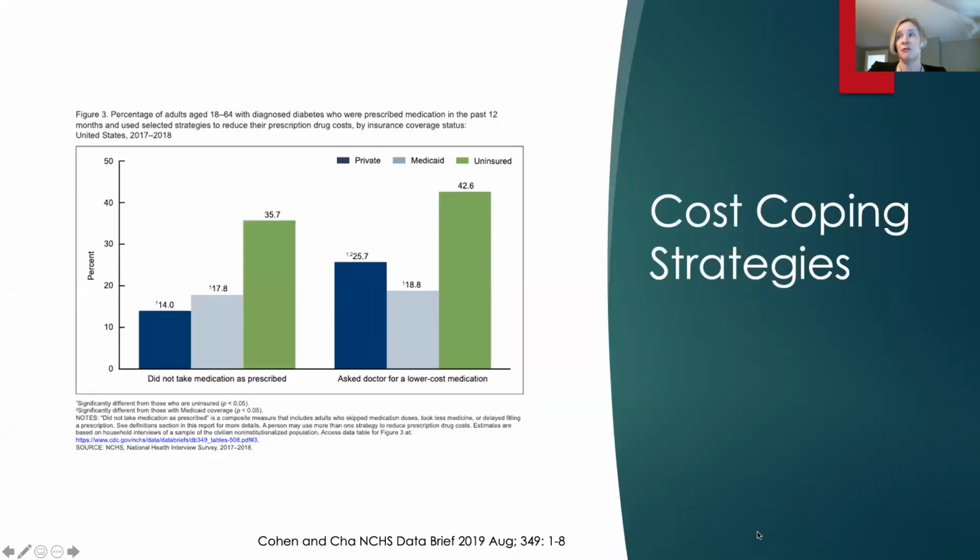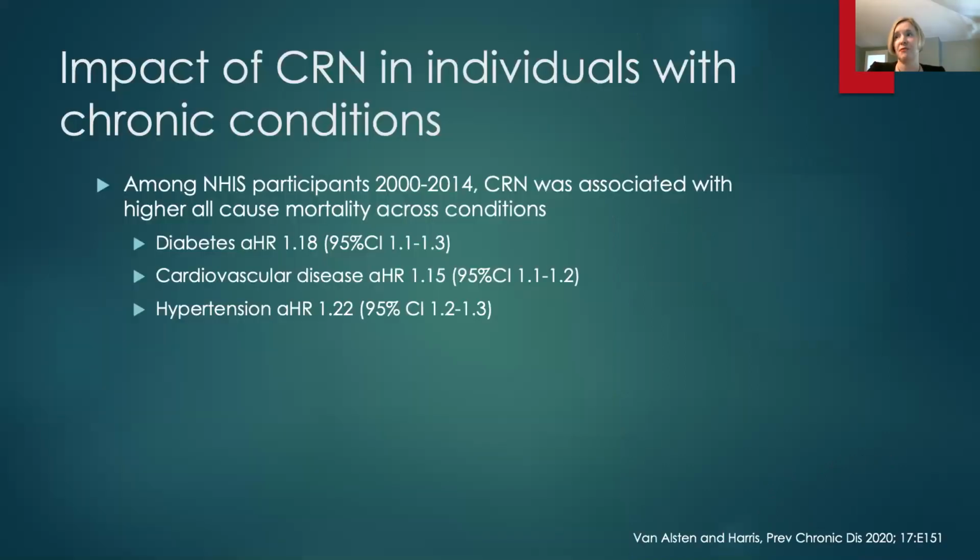Rates of cost-related medication underuse and the use of cost coping strategies, such as not taking medication as prescribed or asking for lower cost medications, vary significantly by insurance status, with uninsured individuals, unsurprisingly, having the highest rates. And in a study examining the association between cost-related non-adherence and health outcomes, this factor was associated with high all-cause and disease-specific mortality across conditions, including diabetes.